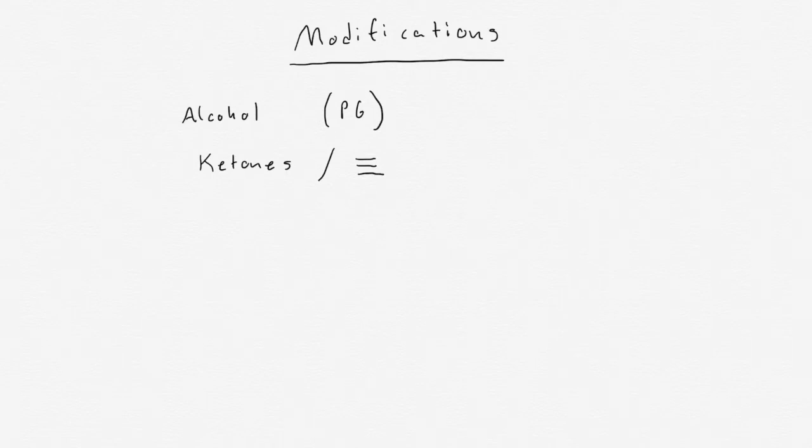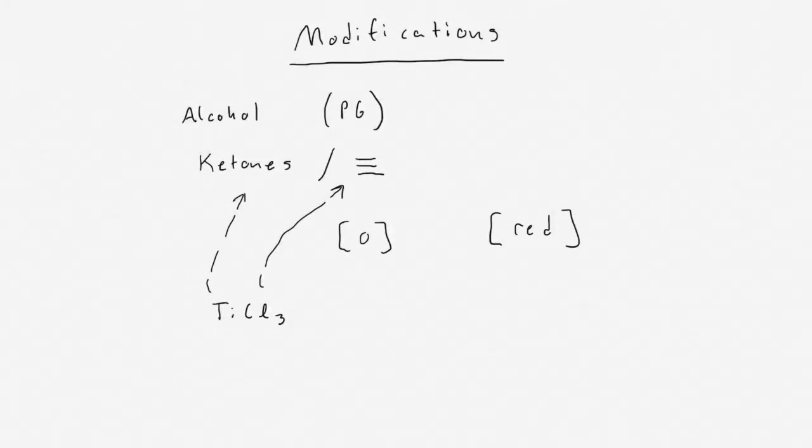Of course, there's a lot of modifications. I can't go into all the modifications in just 15 minutes, but there's some that use oxidizing reagents. There's some that use reducing reagents. One of the big popular ones is to add titanium trichloride to the mixture at a certain point as an oxidizing reagent, and that's good for ketones and alkyne groups.